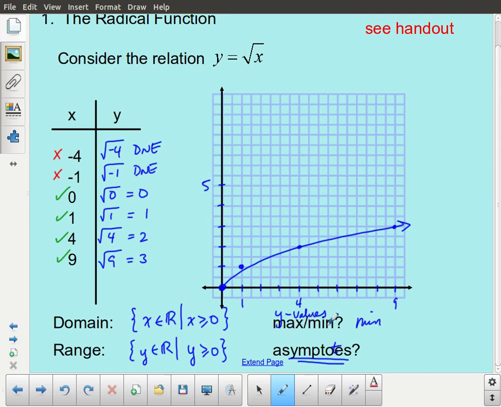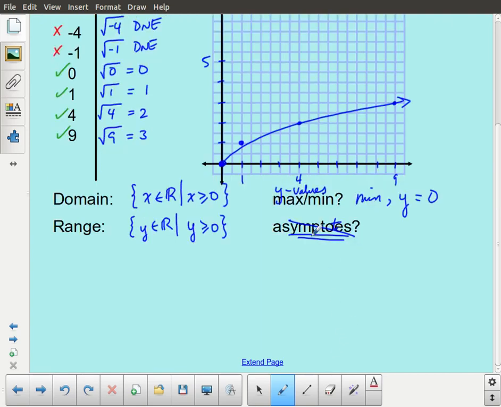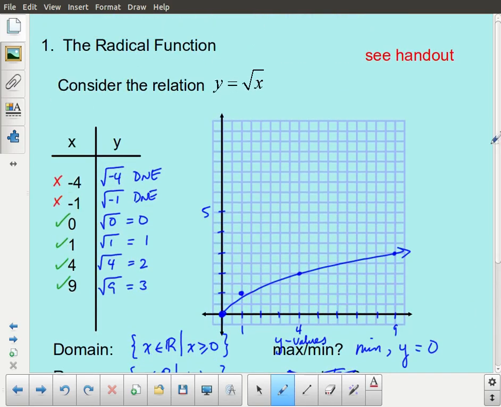So a maximum or a minimum means: is there a maximum or minimum y value? And in this case, we have a minimum at y equals 0. And an asymptote, I almost regret including this here because this one does not have an asymptote. And I haven't really talked about what that means yet. So I'm just going to leave that for now. I'm going to be talking about asymptotes as we go forward.